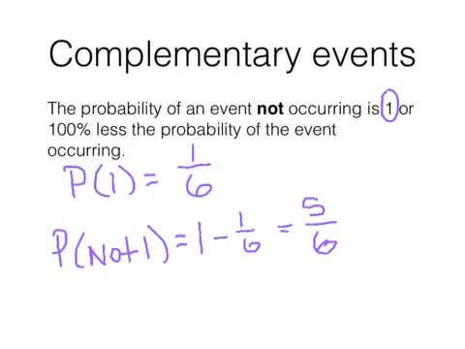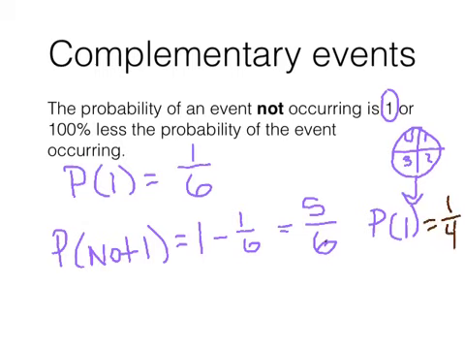Or if you had a spinner with 4 pieces to it and they were numbered 1, 2, 3, 4. In this case, the probability of a 1 would be 1 out of 4.